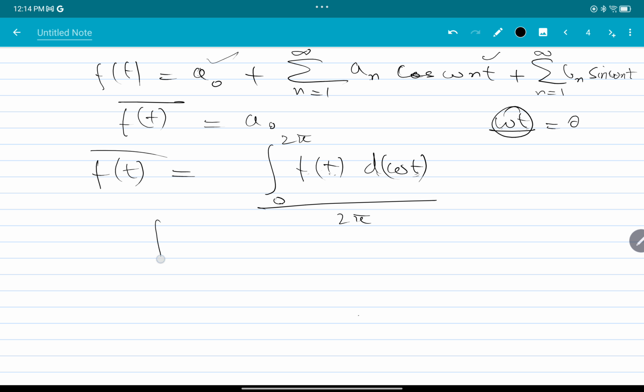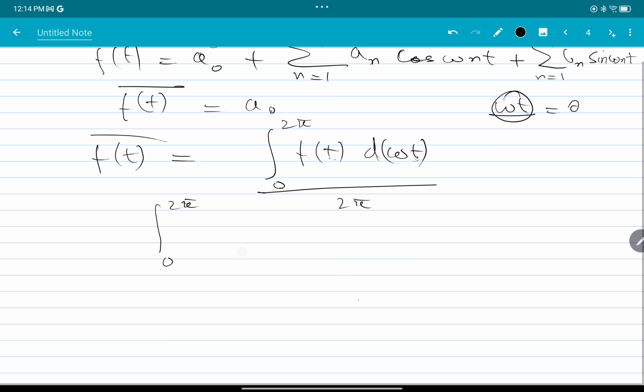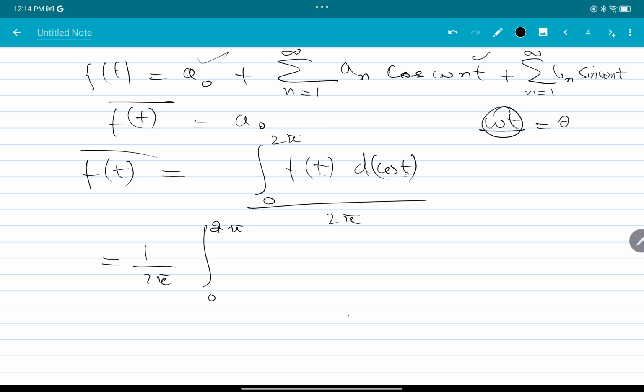If I substitute just one part, only a naught, and keep the rest there, it may confuse you, so it is better to substitute 1 by 2 pi, integral 0 to 2 pi, then a naught plus sigma a n cos omega n t plus b n sin omega n t, d omega t.